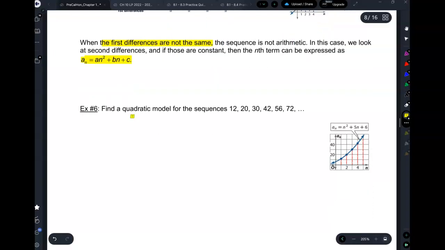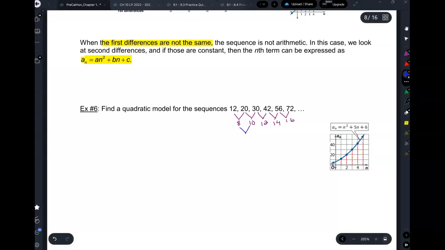Let's take a look at this for a minute. Look at the sequence. What are the first differences here? What's D? 8. What about here? And here? 14. And then 16. So those are the first differences.